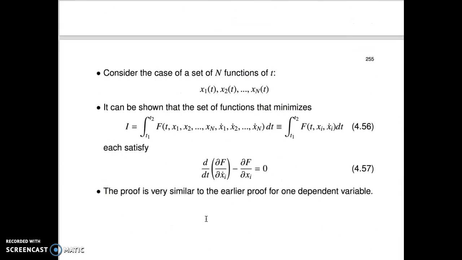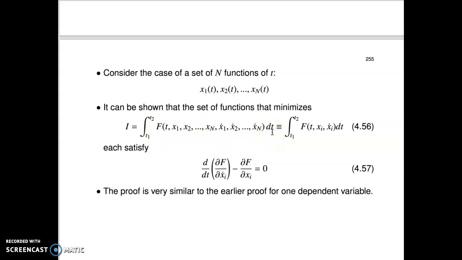Let's consider, okay, here's where it gets really kind of crazy. Let's consider a set of n functions. Okay? N functions of t: x1 of t, x2 of t, all the way up to x sub n of t. And imagine that we have this more general statement of the problem, which is we have an integral, which depends on big F. Big F depends on t, the independent variable.